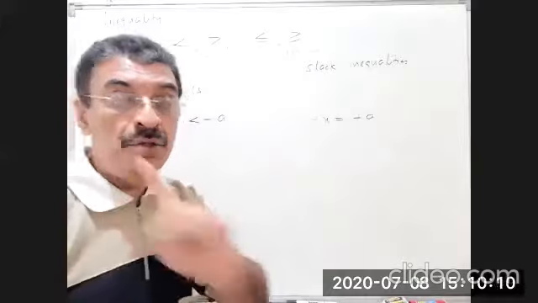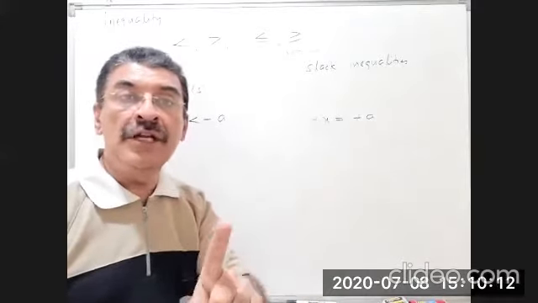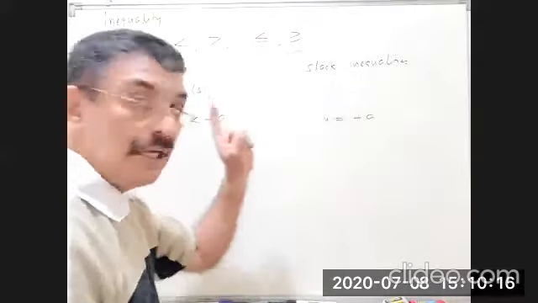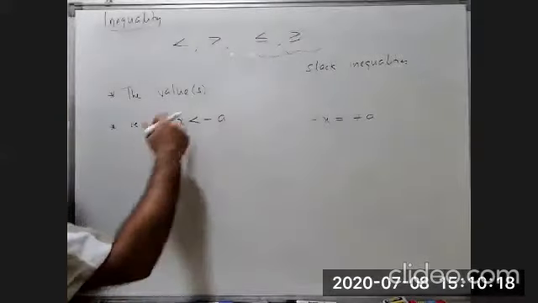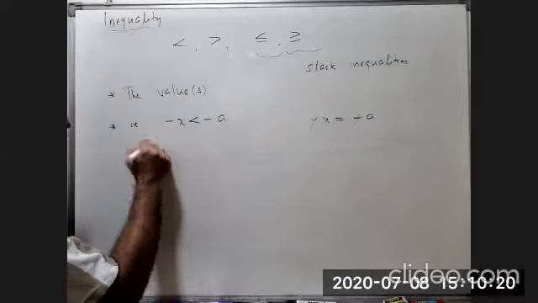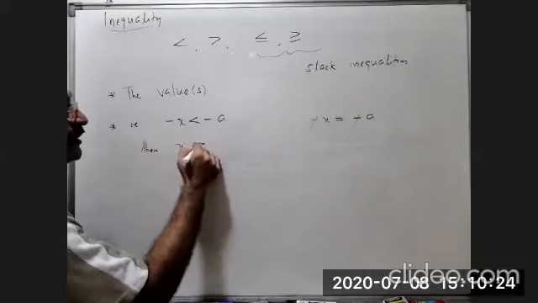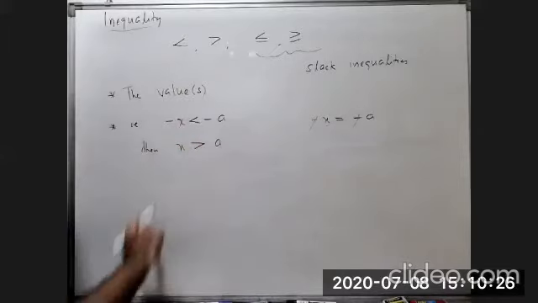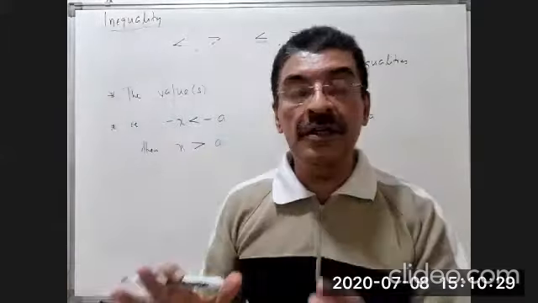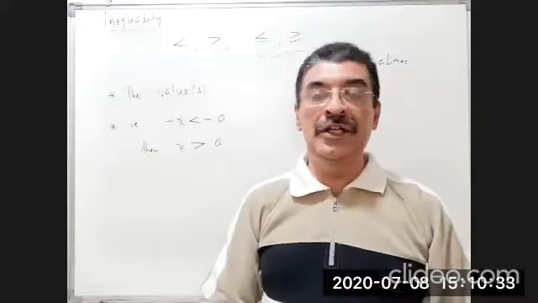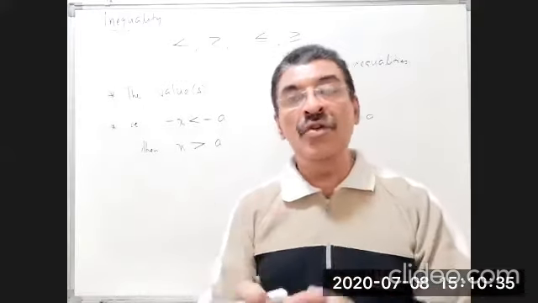Whereas, do remember it, in inequality, never go for cancelling. We are changing sign. That means then x will be greater than a. In short, if you are changing sign on both sides of an inequality, then the inequality gets reversed.